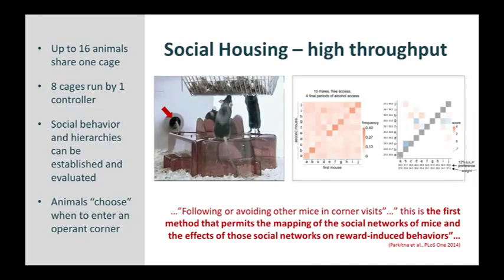After this short software review, I come back to the benefits of the IntelliCage. A single controller license can handle 8 cages with 16 animals each. So social housing is a key feature and a prerequisite for high throughput testing, animal welfare, and translational value of the research carried out with the IntelliCage.